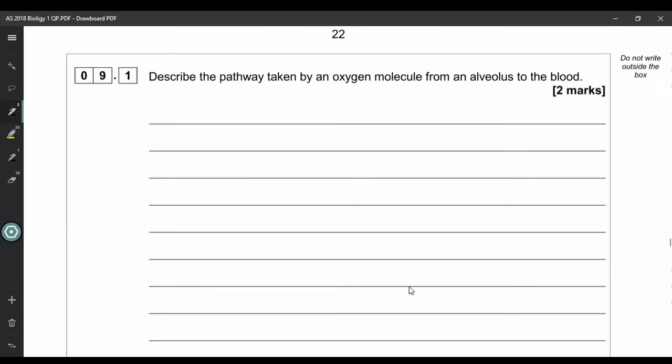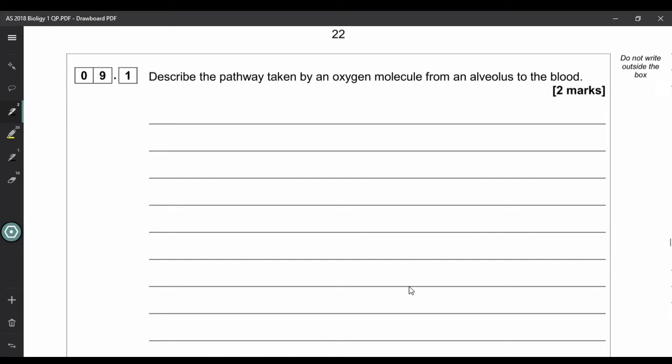Question 9. We're asked to describe a pathway taken by an oxygen molecule from the alveolus to the blood. So 70% of students scored 0 for this because they gave a mechanism rather than a pathway.